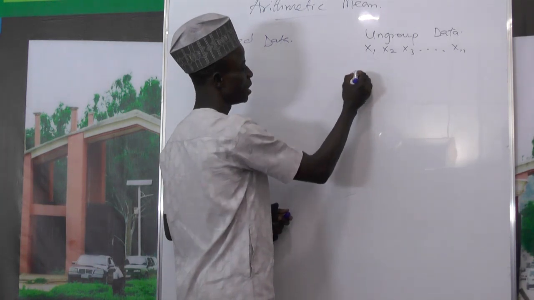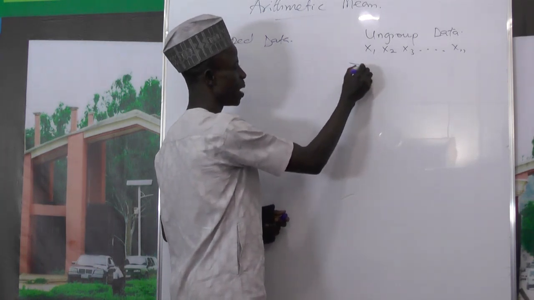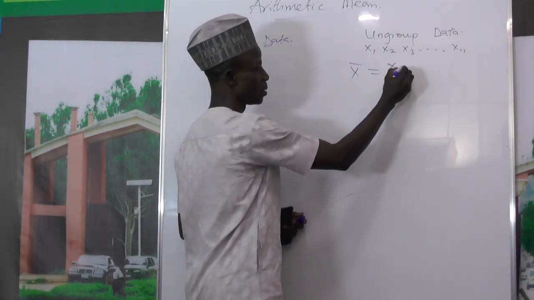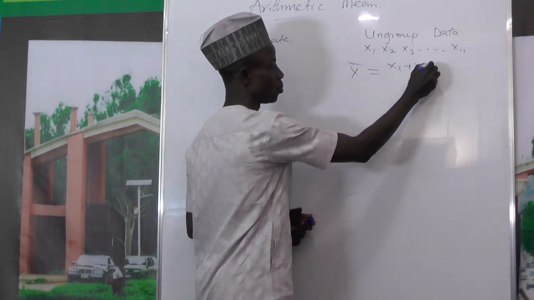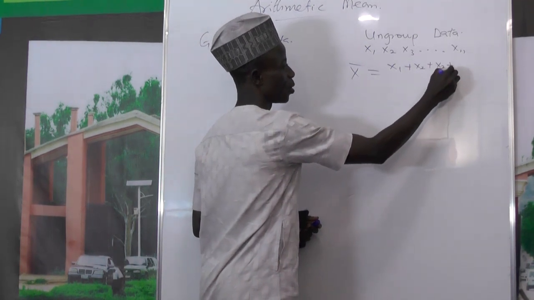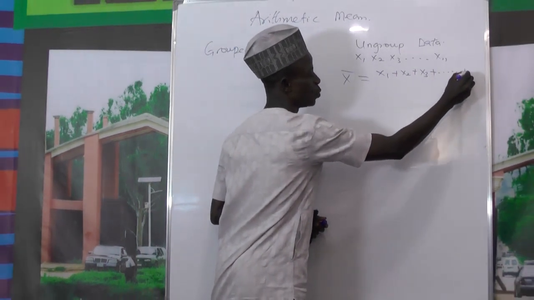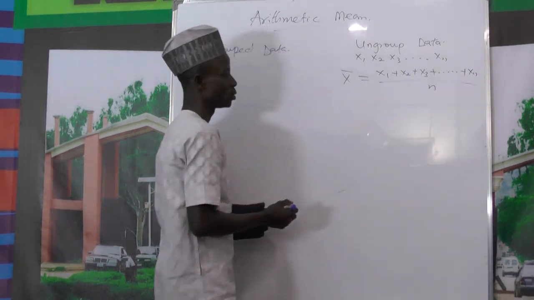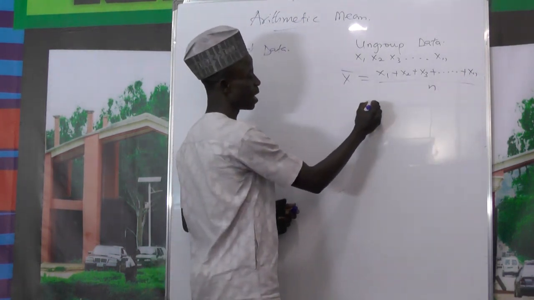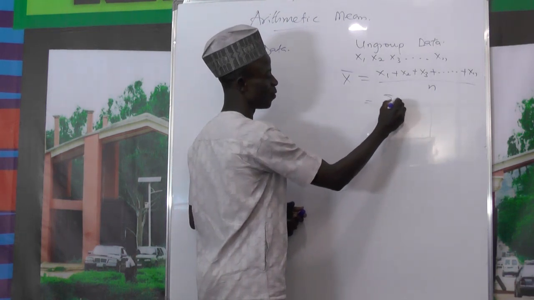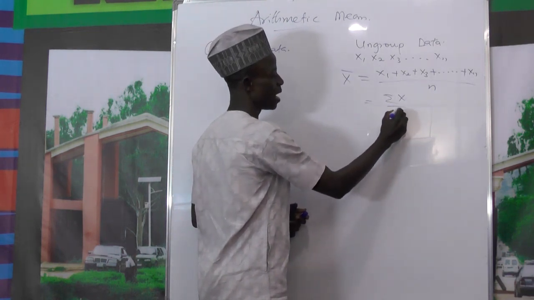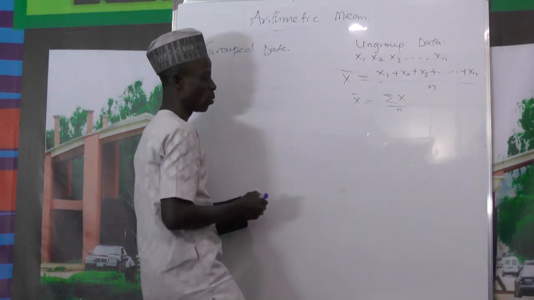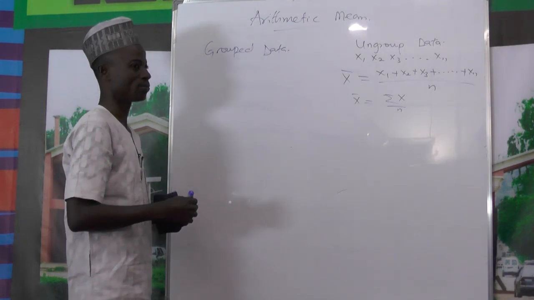This means that your mean, which is called x bar, will be x1 plus x2 plus x3 plus up to xn divided by n. Mathematically, this can be written as the summation of x all over n. So your x bar will be the sum of x all over n.